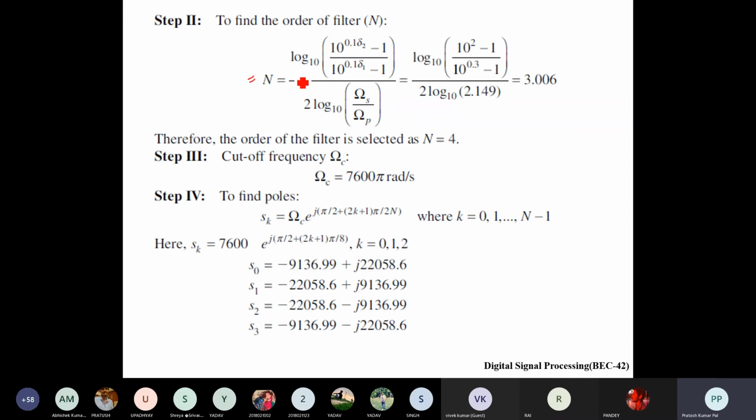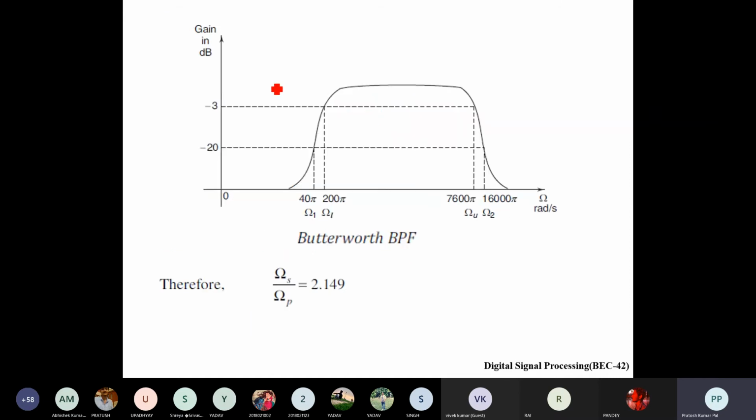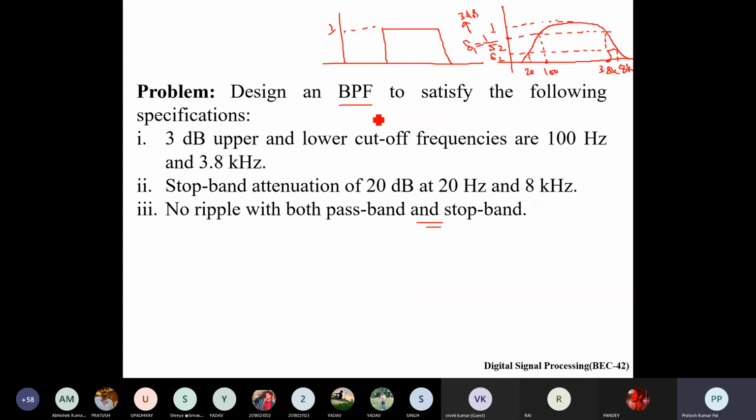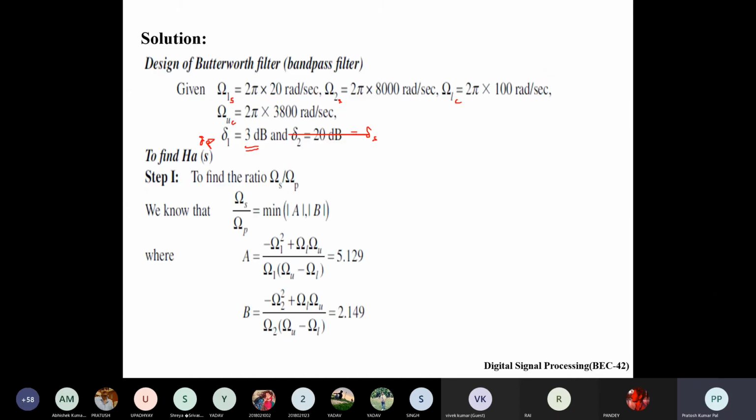To find the n value, here there is no method mentioned. Either we need to use Chebyshev or Butterworth filter design. So it is assumed that we are going to use the Butterworth filter method.